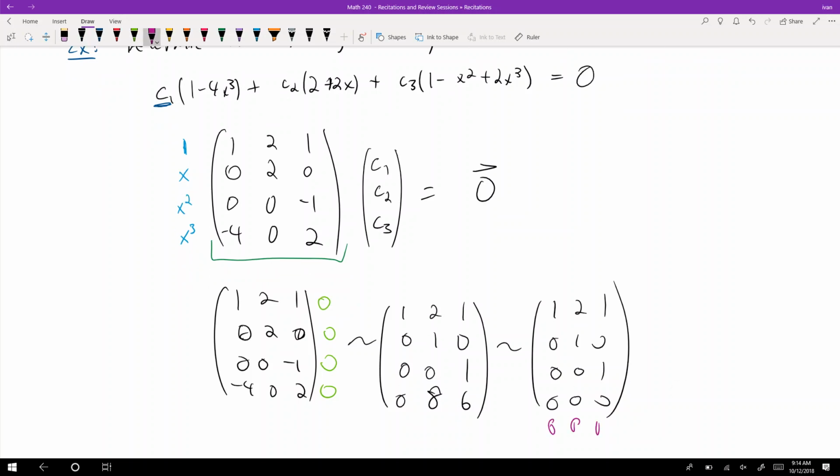I have pivot, pivot, pivot, which tells me the rank is equal to 3, which is equal to the number of columns. And what does that tell me? Yeah, null space is trivial. And so it's linearly independent. Any questions?